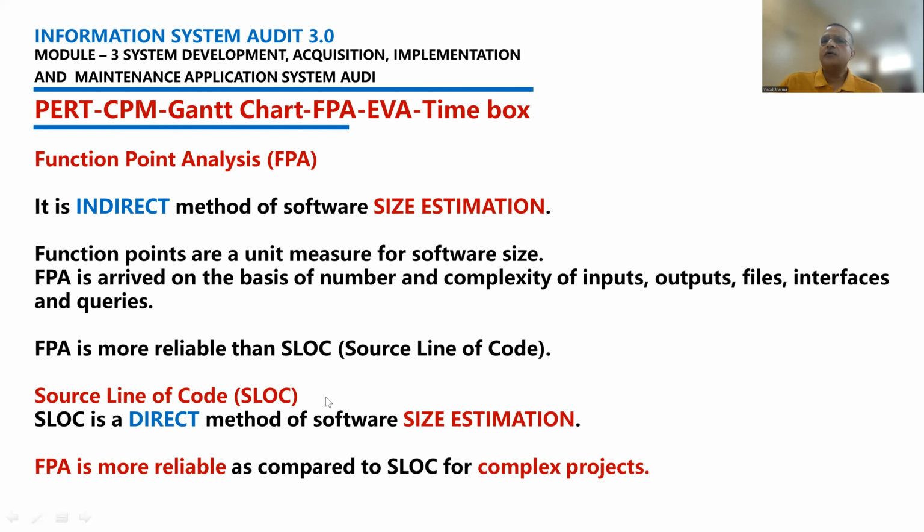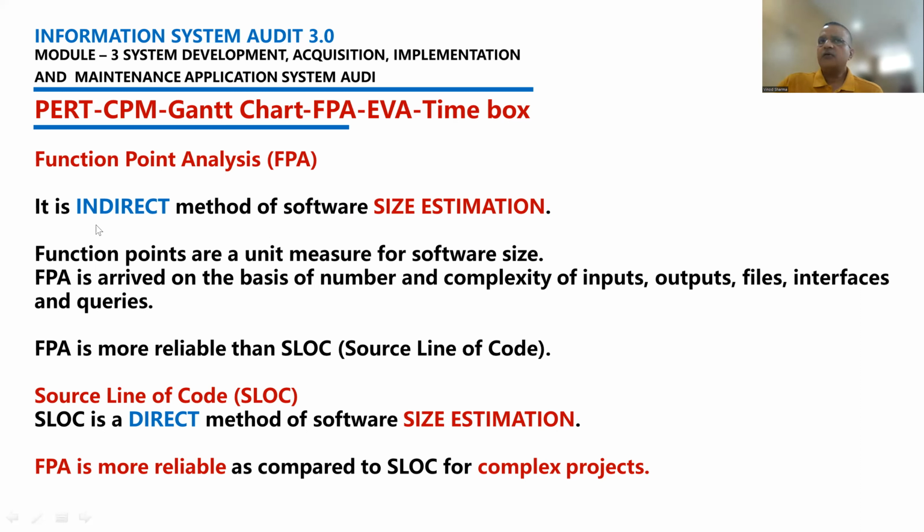These lines of code do not let you arrive at a correct size of a software project, because the number of lines depends on the programmer. A smart programmer can reduce the source lines of code, whereas a normal programmer can have the same thing done in many lines. So this may increase the size of the software. SLOC is a direct method of software size estimation because you can count the number of source lines of code.